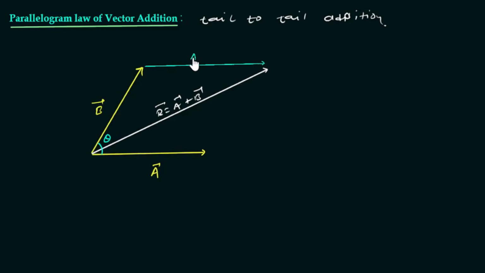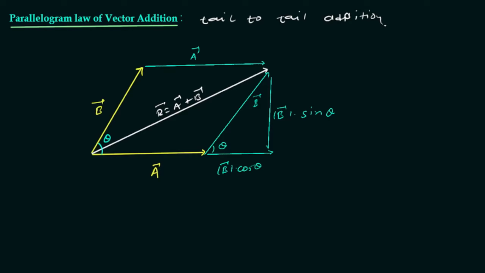This is your vector A, this is your vector B. If I extend this vector like this, this is your angle theta, because it is the direction of A, so this angle should be theta. Now this hypotenuse is B, so this is opposite of the angle theta. It is the sine component, this is B sin theta, and this part is basically B cos theta.